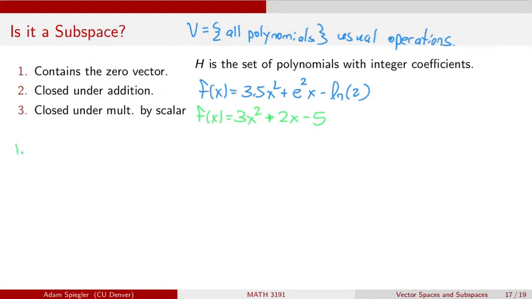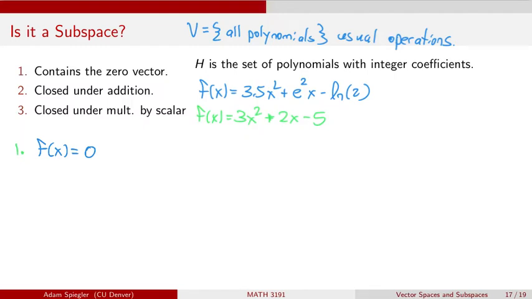So is the zero vector in here? Inside of V, the zero vector is the polynomial 0, right? If I add this function to any other polynomial, we are not going to change the value of that polynomial, so we get the same polynomial back.